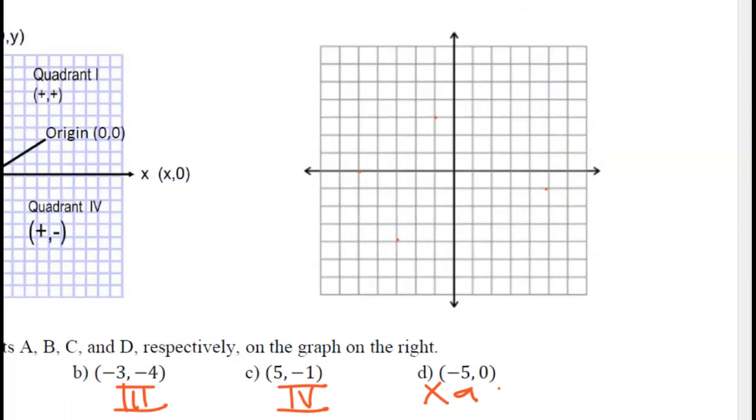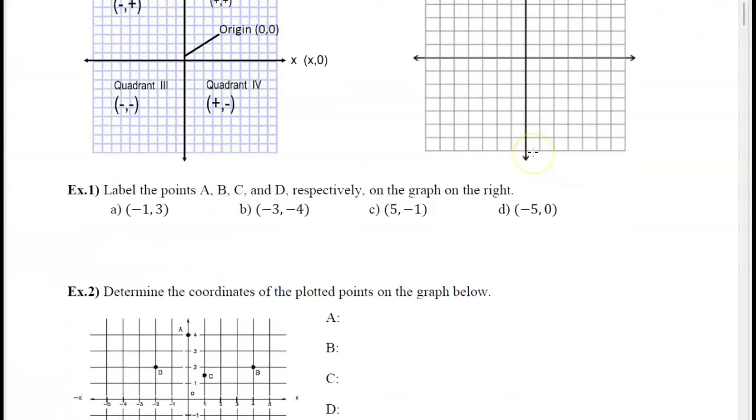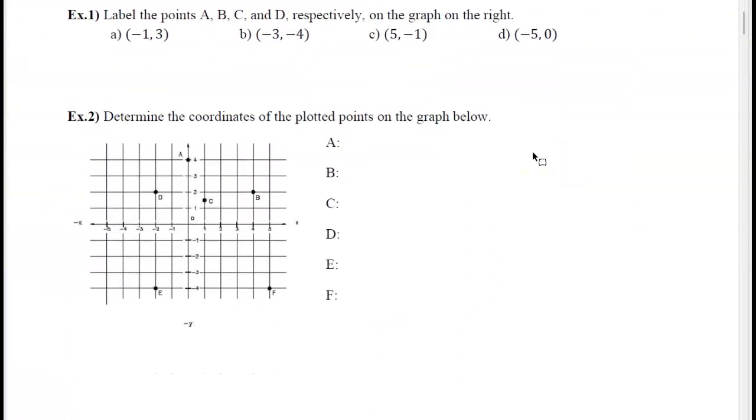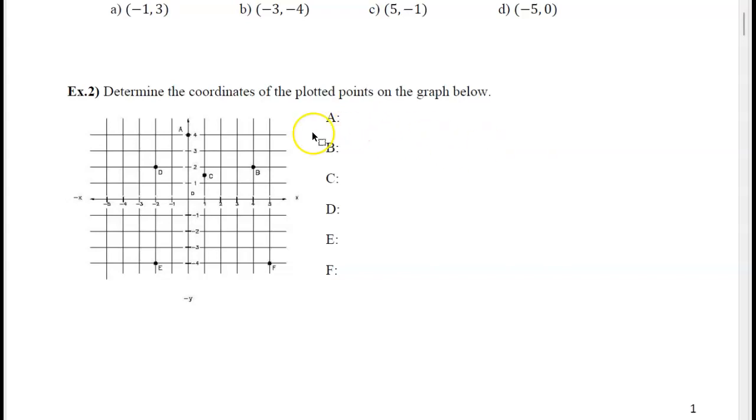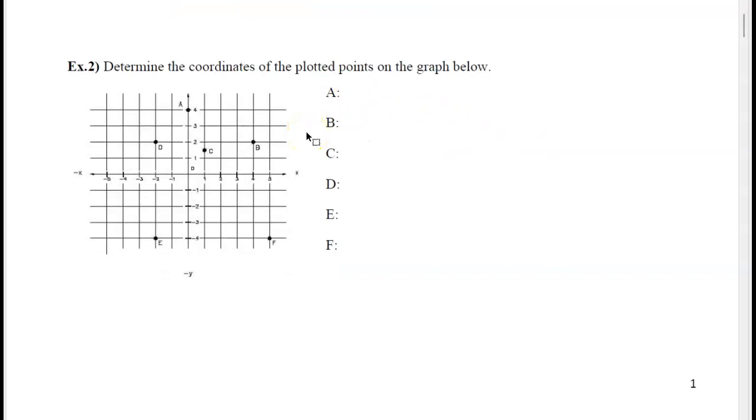Okay, all right. Let's look at the next ones. We want to determine the coordinates of the plotted points on the graph below. For A, it looks like I'm going 0 for x and 4 for y.